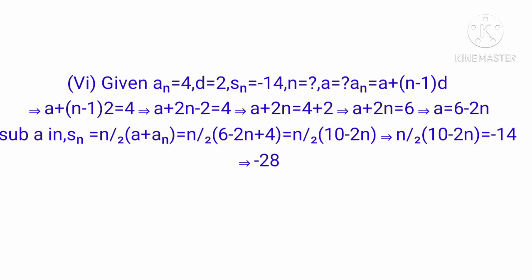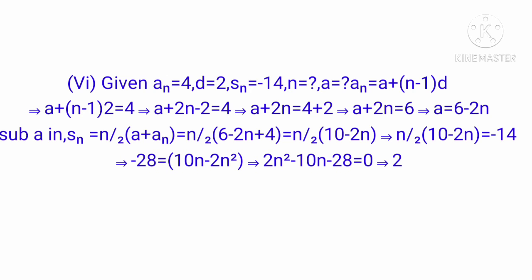Sn is given minus 14, so cross multiply. If you take, it is minus 28. 10n minus 2n square is, implies 2n square minus 10n minus 28 is equal to 0.